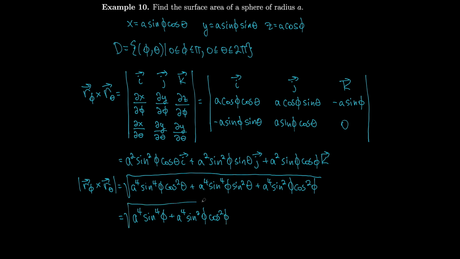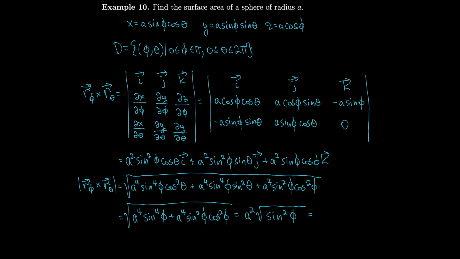We still have our square root also. Okay, again, a to the fourth sine squared phi is in both of these guys. So factoring that out, I have sine squared phi plus cosine squared phi. That's 1. So all I am left with is an a to the fourth sine to the fourth phi. A is positive, so I'll pull that out. So I've got a squared when I take the square root of a to the fourth. And I've got sine squared phi left inside.